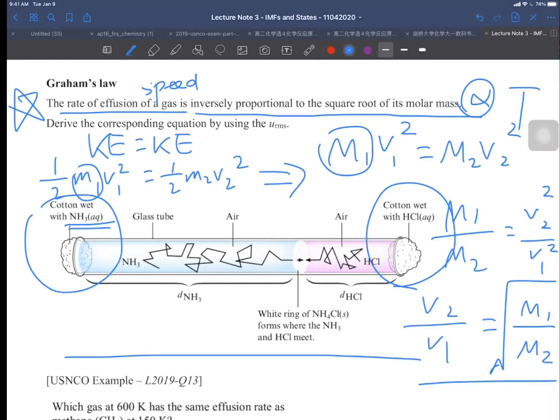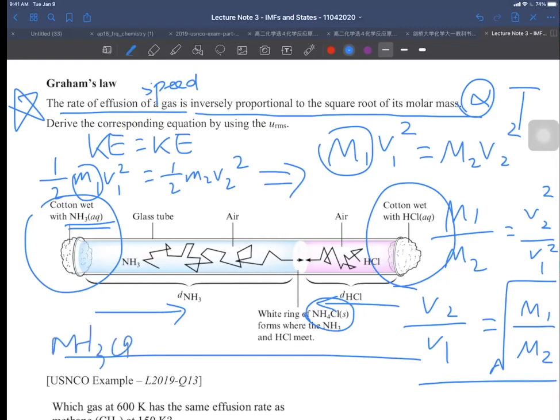Both of these solutions are very volatile, which means they will produce ammonia gas from the left side and HCl gas from the right side. These two gases will effuse through the tube, and then they will meet in a certain place. When they meet, they will react to produce solid ammonium chloride.